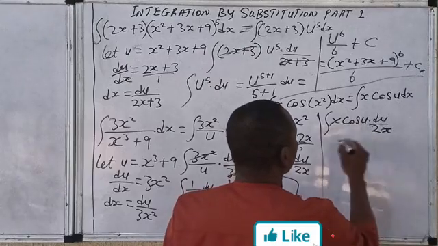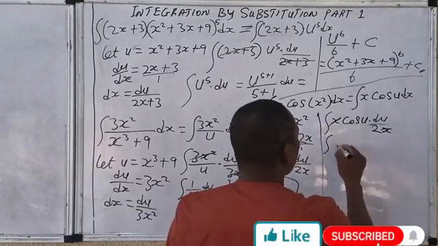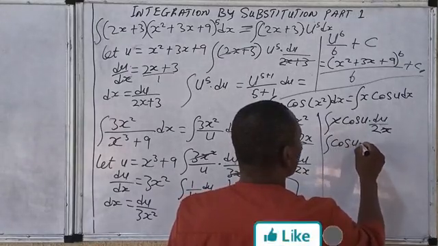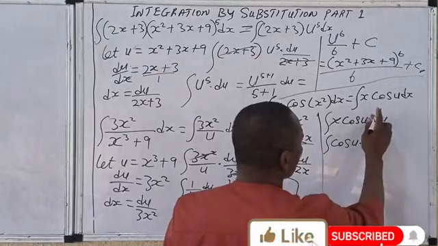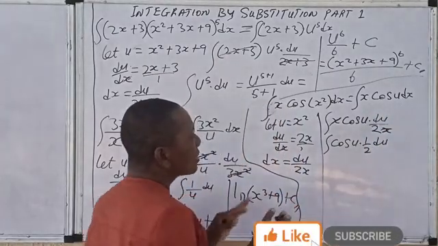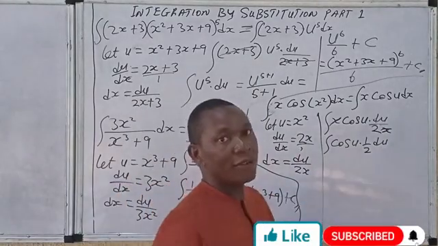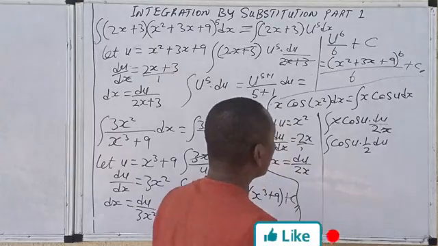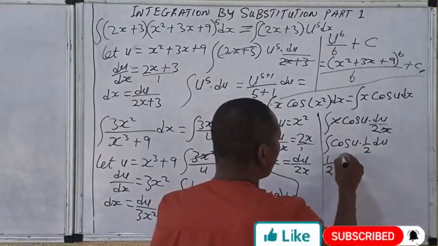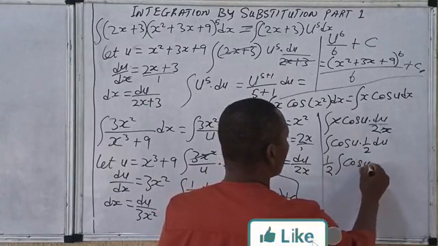We now have the integral of cos u times 1 all over 2. There is an invisible 1 here. So 1 all over 2 du. Now, once it has gotten to this stage, you have actually gotten the answer. So what you just need to do is bring out this 1 all over 2: 1 all over 2 integral of cos u du.